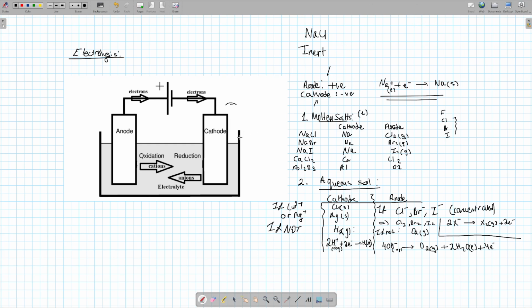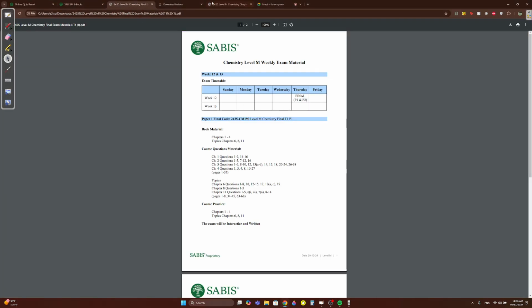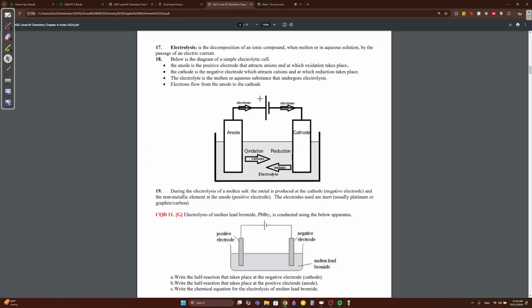They're inert, the electrodes being used, because we don't want any other reaction to happen other than the one we're trying to force. Inert meaning it doesn't react, such as platinum. So the electrodes used are usually made out of platinum, and there was one in the notes that said it was platinum or graphite carbon.